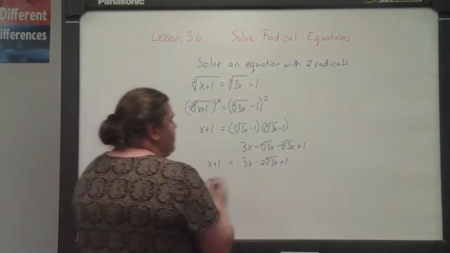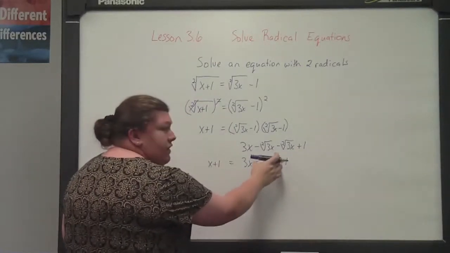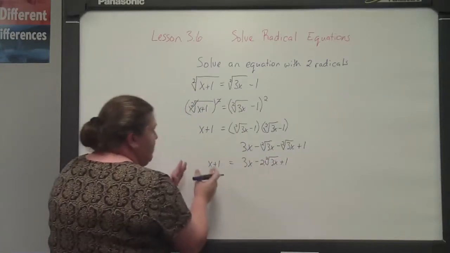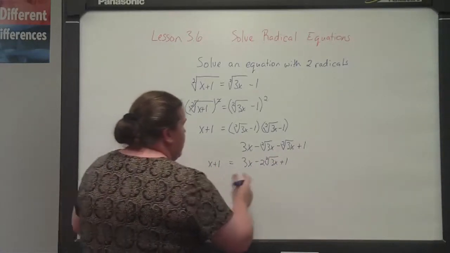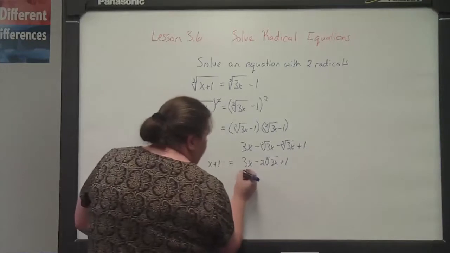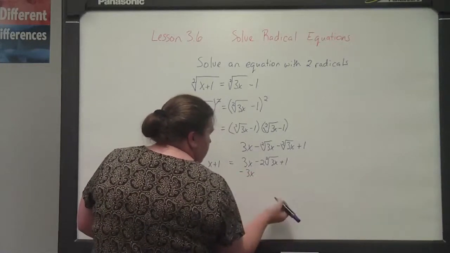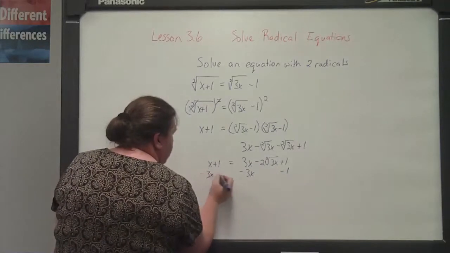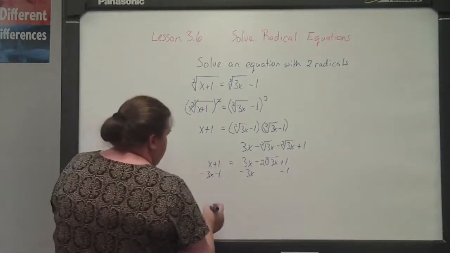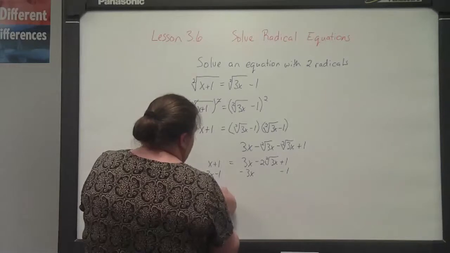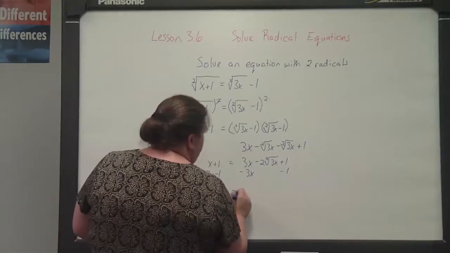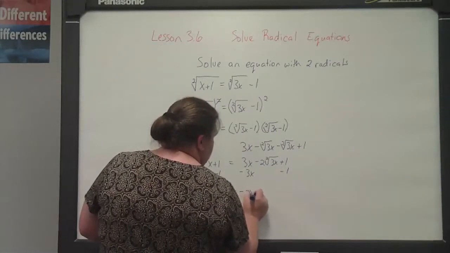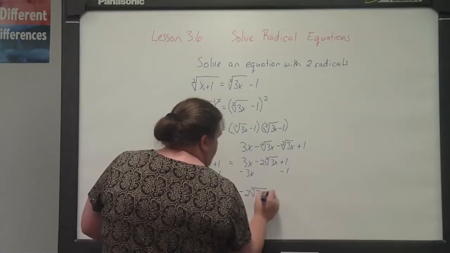What I want to do is move everything that's not involved with my radical to the other side of the equal sign. So I'm going to say minus 3x and minus 1. So that gives me a negative 2x equals a negative 2 square root 3x.